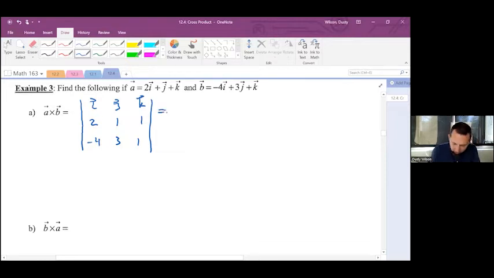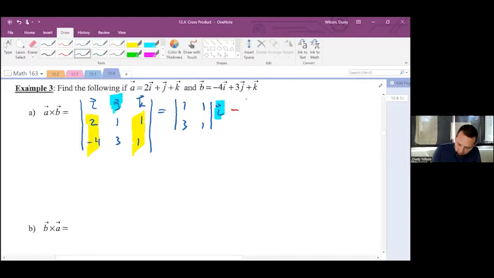And so I will start by expanding around the i. And so how much i will I have? Well, I'll focus on everything that's left. So I have 1, 1, 3, 1 times i. And then there's a minus sign built into the formula. Now I expand around the j.